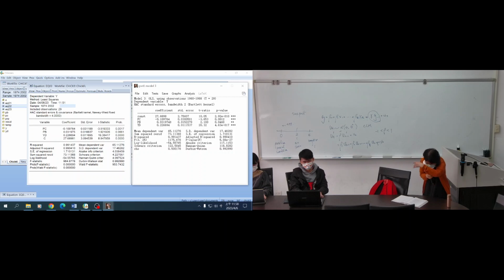For number 5, run the Lagrange multiplier serial correlation test. I'd like all of you to include the L box. I just introduced 3 ways, right? So step 4 will be Durbin-Watson test.